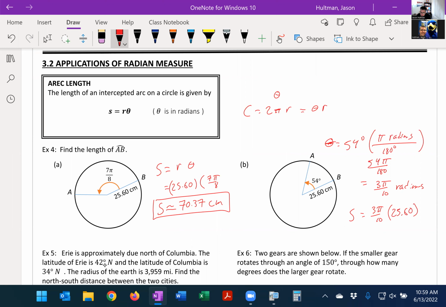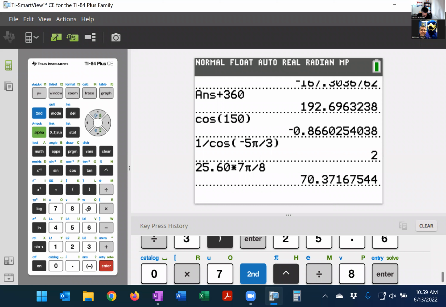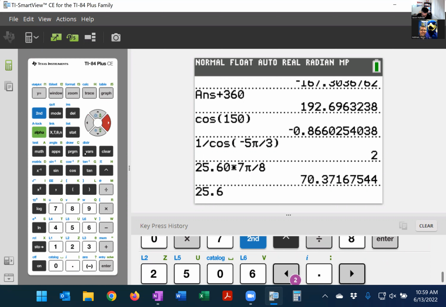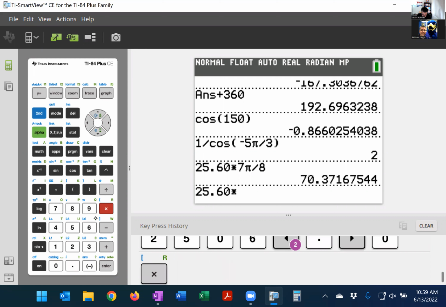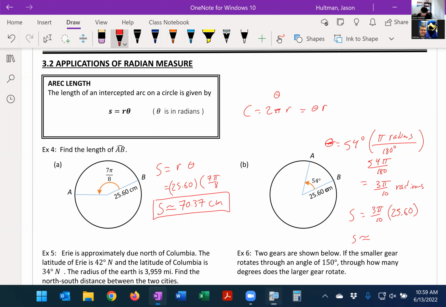So we multiply this out, 25.60 times 3 pi over 10, and we end up with S being approximately 24.13.